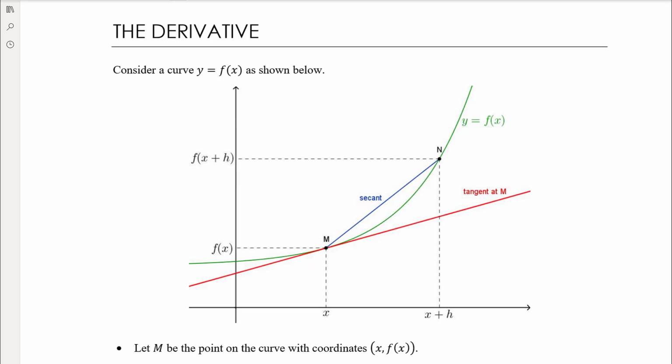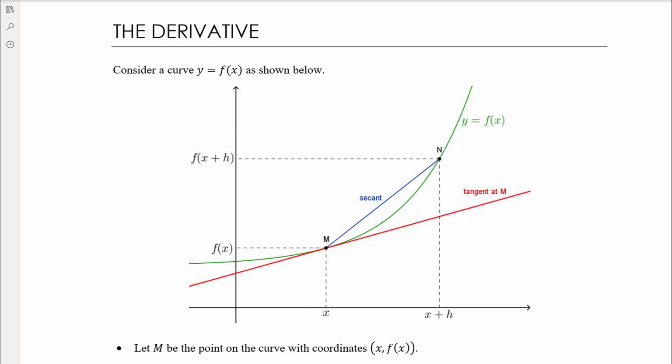The key thing here is the point M has an x-coordinate of x. Now you could call that anything, and in the diagram I'm going to flip to, it's going to be called A, but the process is still the same. Okay, so let's say the x-coordinate of that point is x, then that means the y-coordinate of the point M is f of x, substituting x into our function, which is f.